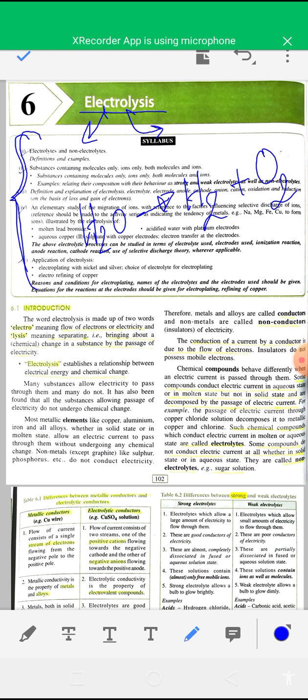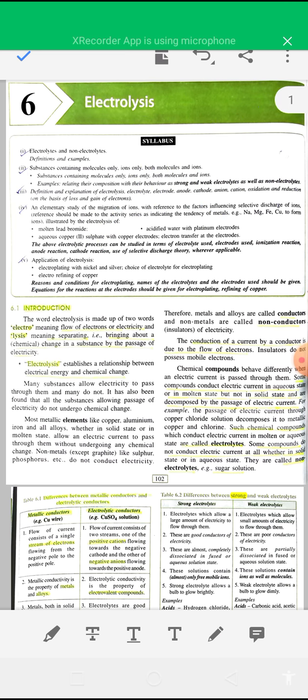So if you pass electricity through water, you get hydrogen gas and oxygen gas, and this is an example of electrolysis. So electrolysis means chemical change by passing electricity or electric current.